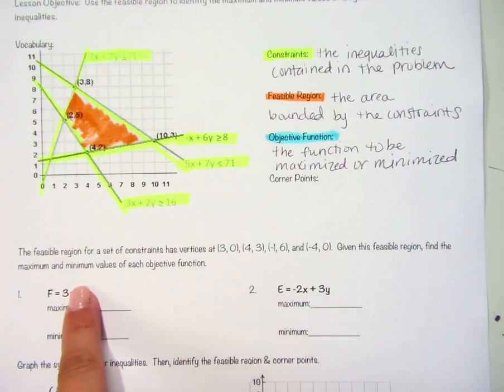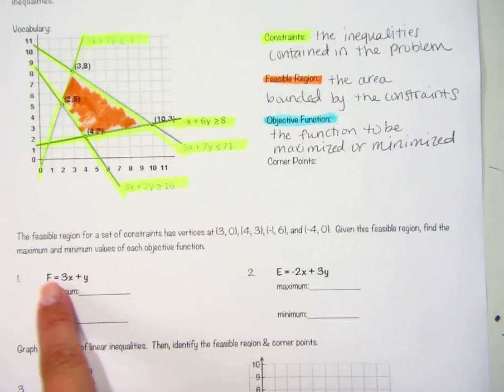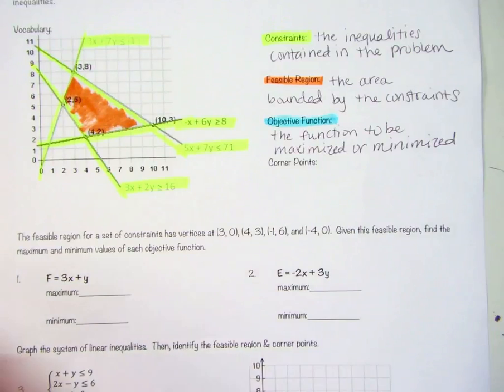If you look down at this first example, you are given that function. This is an example of an objective function, and you're going to see in just a minute how we use that to find our maximum and minimum values.